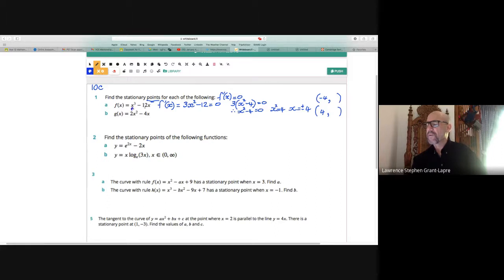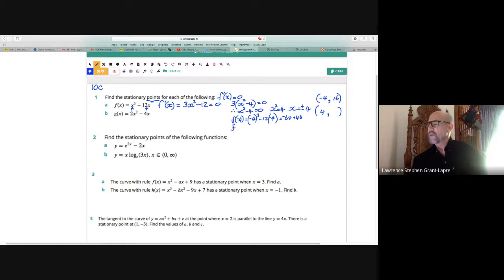So f of negative 4 is negative 4 cubed minus 12 times negative 4. So 4 fours are 16, 4 sixteens are 64, negative 64 plus 48. So that's negative 16.